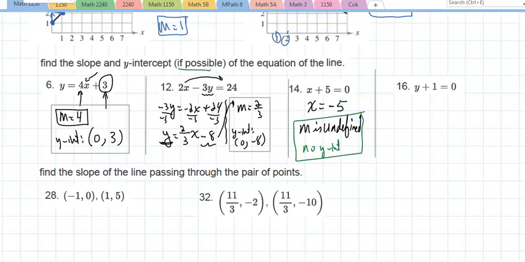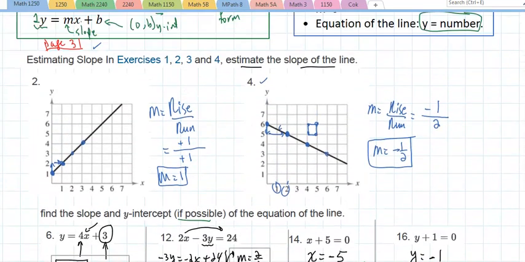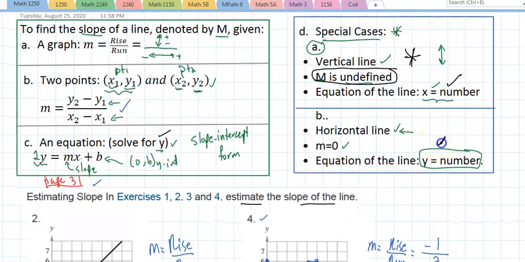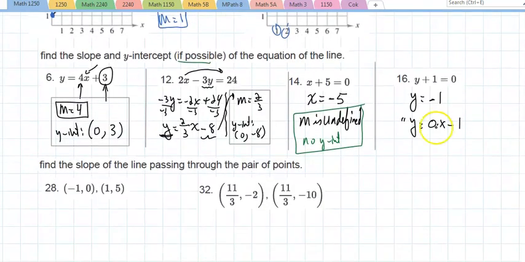And how about this line? Well, if I solve for y, there is a y equal negative 1. Well, it might look confusing. Can't I rewrite this as y equal 0 times x minus 1? Or I could recognize that that's the special case. If you have y equal a number, what's the slope? The slope is 0.